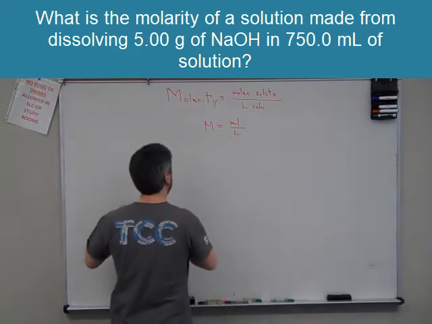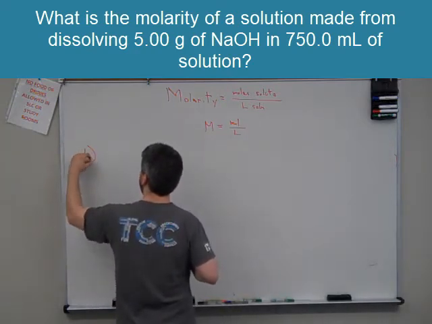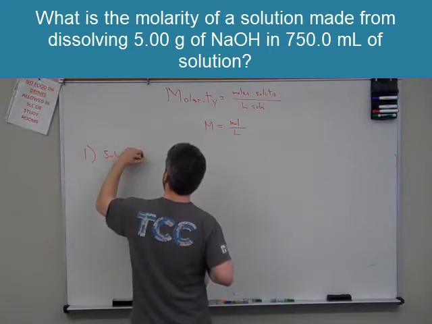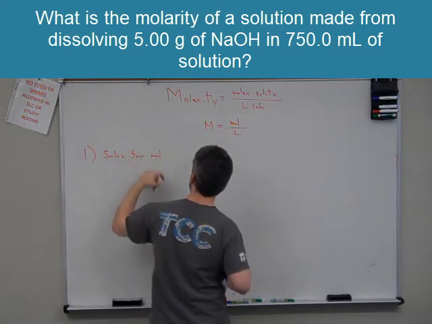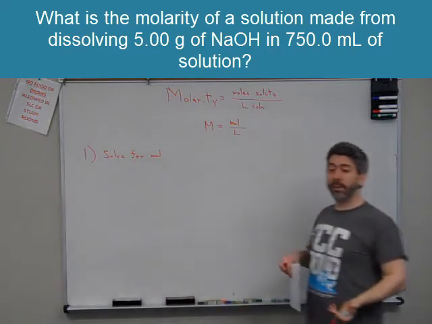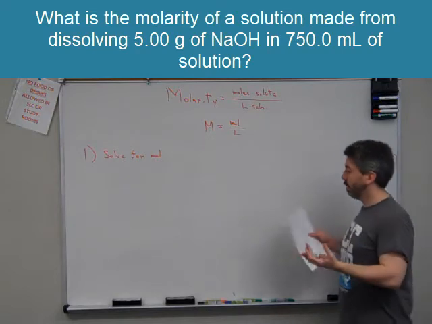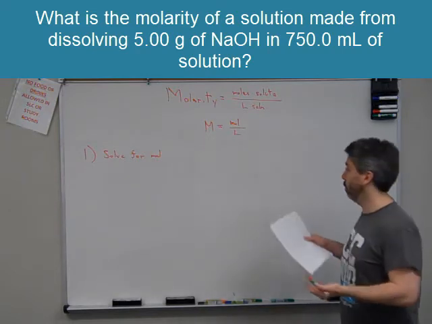Step 1, solve for moles. If it gives you the moles, you don't have to worry about this step, but if it does not, then you're going to have to convert the grams to moles.